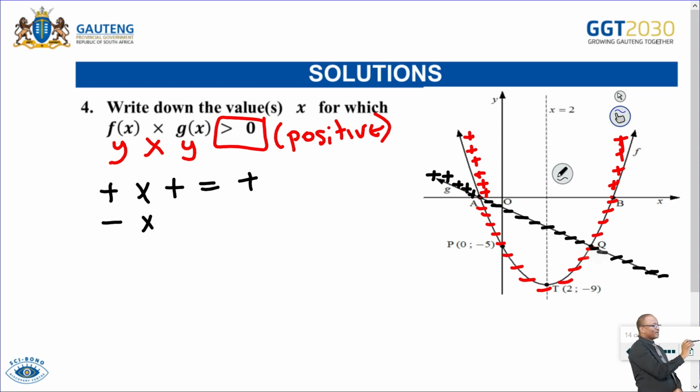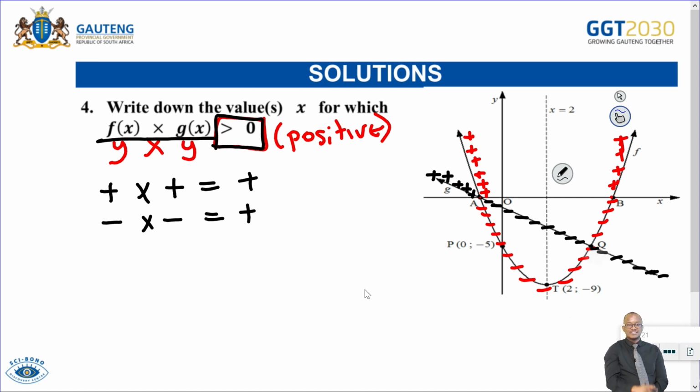Negative multiplied by negative is going to be positive. So, for this question, where f of x multiplied by g of x will give you greater than 0, which is positive, it means we must have cases where the y value of f of x must be positive and the y value of g of x must be positive. Then we're going to have positive on the x values.